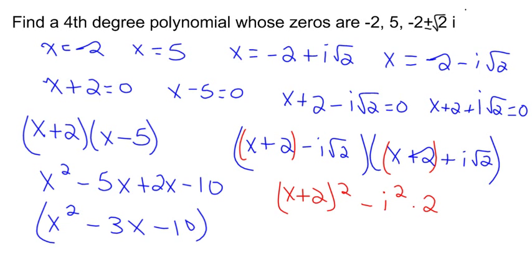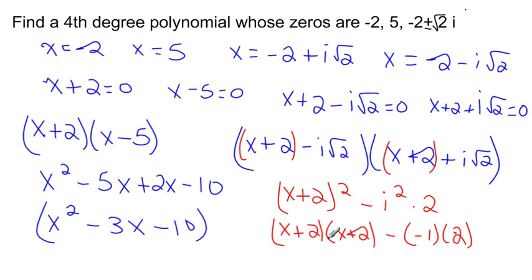Alright, so we're going to simplify that a little bit more here. x plus 2 squared, first thing we should do is expand that. So we get x plus 2 times x plus 2. And then i squared is -1, so this is also like minus -1 times 2.